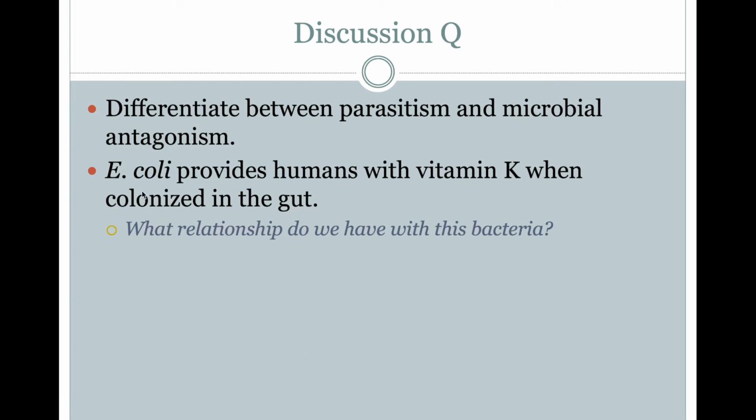The second question here is one that you might see on the exam, something similar. E. coli provides humans with vitamin K when colonized in the gut. We've talked about this from our first chapter. This is an example of one of the benefits of normal flora, how it helps improve metabolism, or the provision of nutrients like vitamin K, which is important in blood clotting. What relationship do we have with this bacteria?